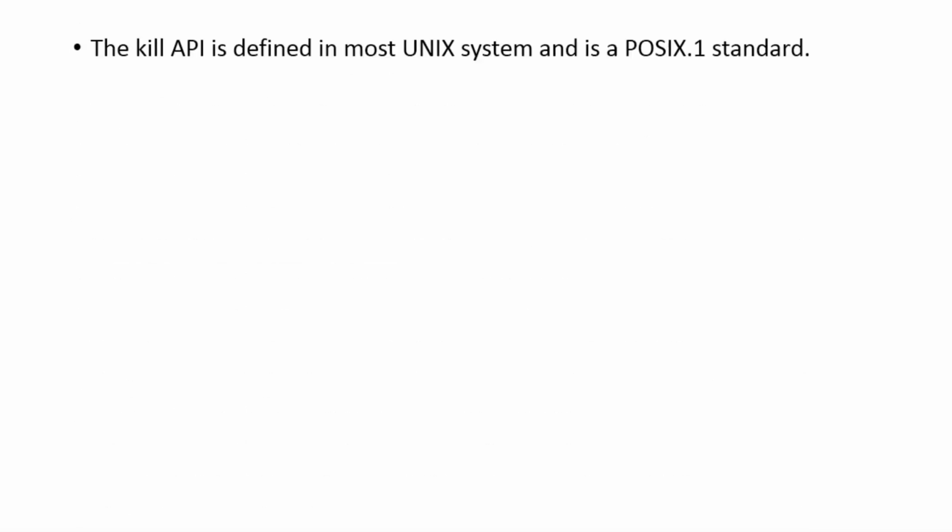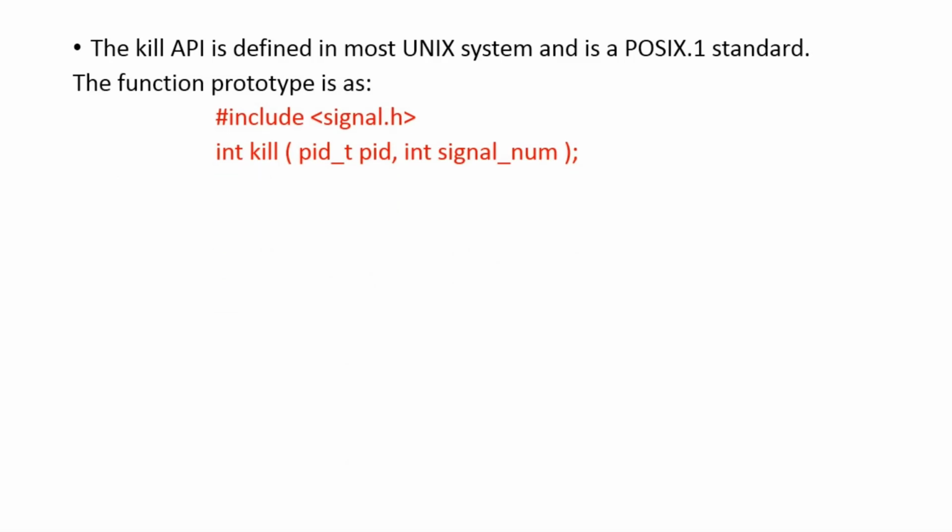The kill API is defined in most Unix systems and the POSIX.1 standard, and this is the function prototype for the kill API. Header file signal.h, and the API int kill, with two arguments: the first one is the PID, the process ID, and the second one is the signal num.